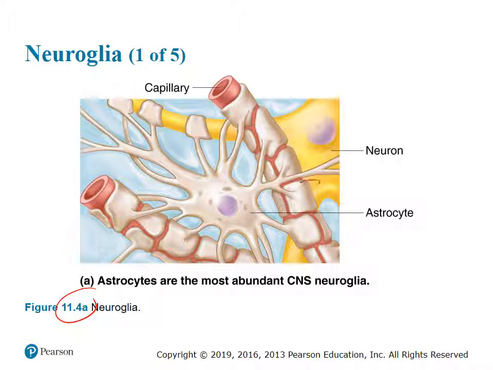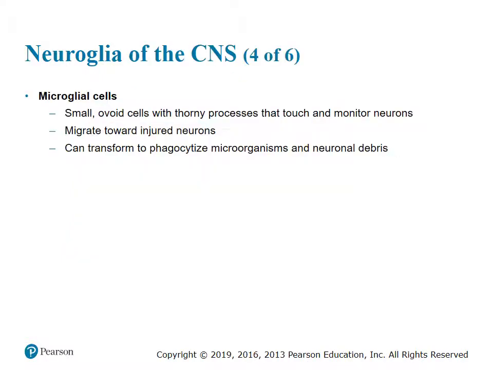You can see it attaching to a capillary in many different places, and then you can see it attached to the neuron in the background, right? So in the foreground, you see the capillary, the astrocyte, and then attaching to a neuron. And there's the go-between. There's where the neurons and the capillary, the astrocytes, found.